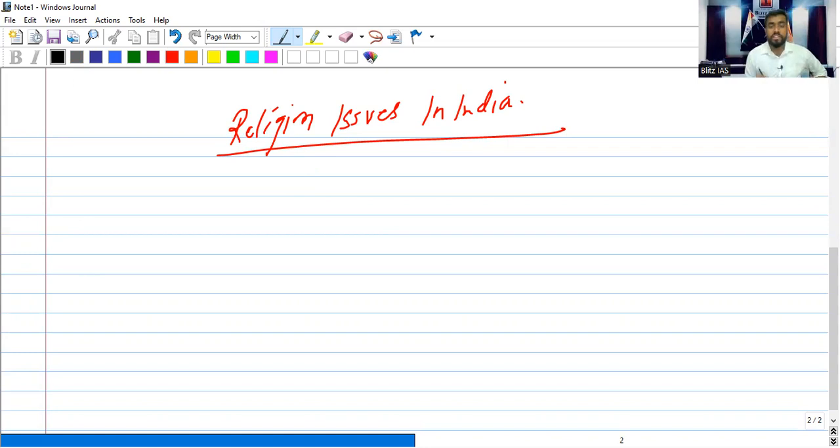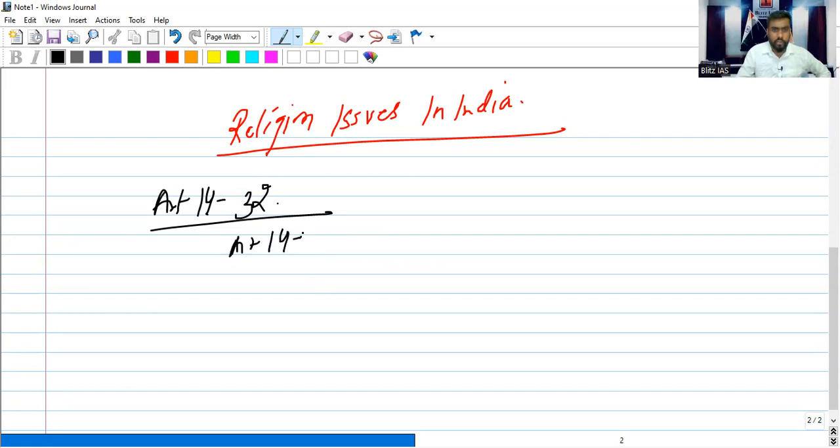Religion issues in India. You know very well that there are fundamental rights in India from Article 14 till 32, 6 fundamental rights in India.